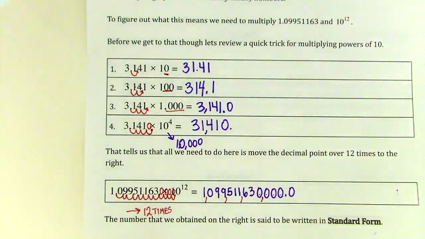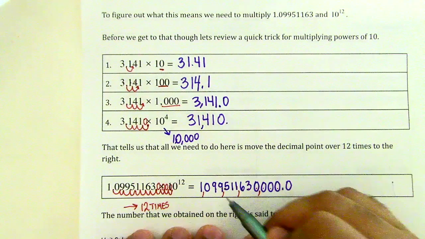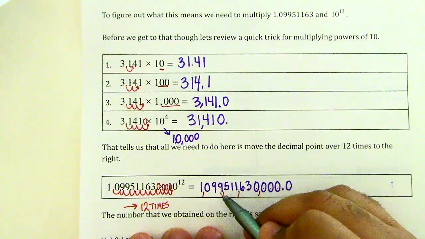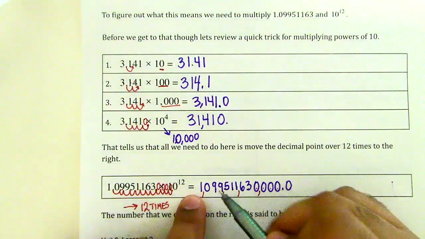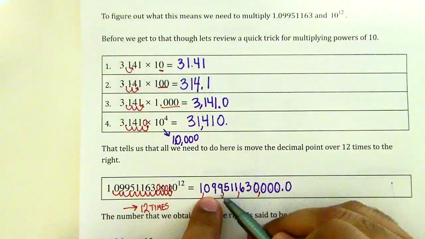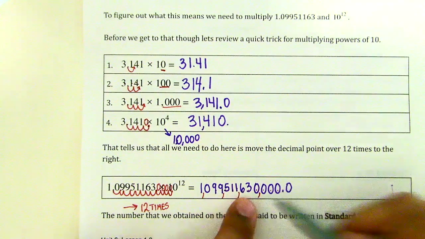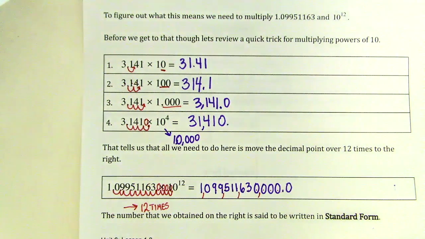Okay, so that's it. Now, if I want to try to figure out what this number is, I'd say, okay, so thousands start here, millions start here, billions, trillions. So this would be 1,099,511,630,000. Again, that number just takes a long time to read out, right?